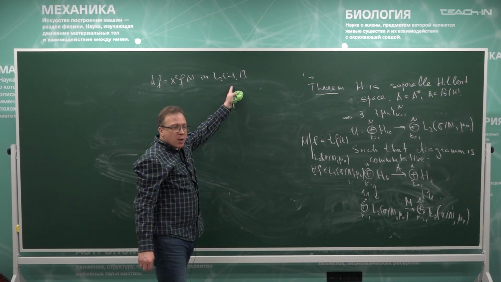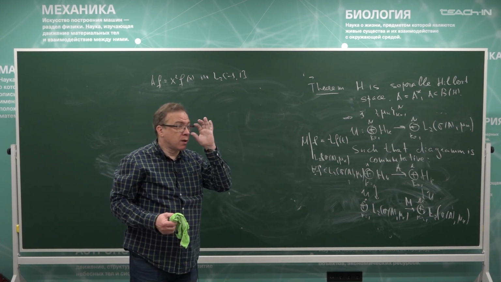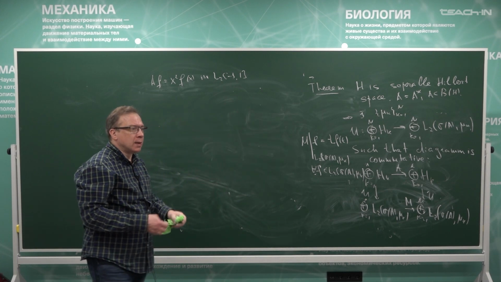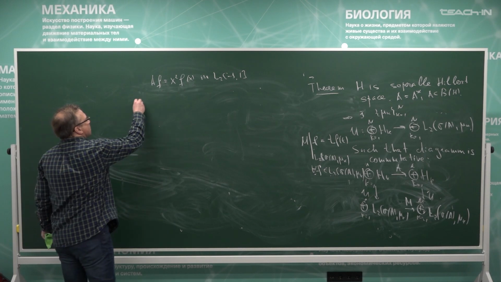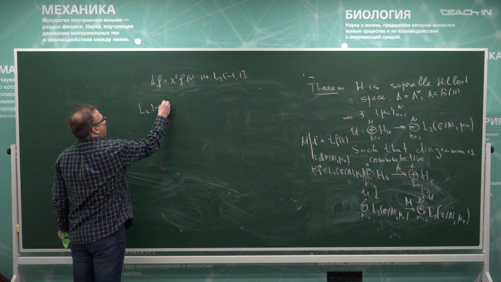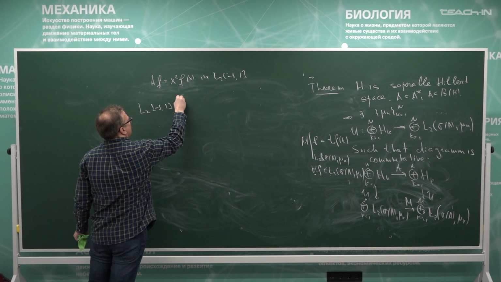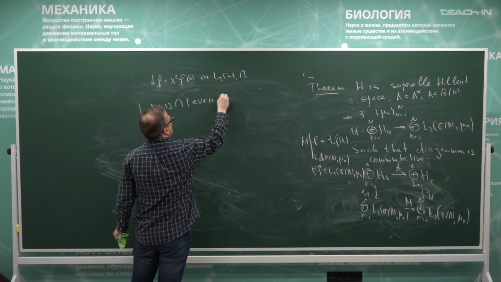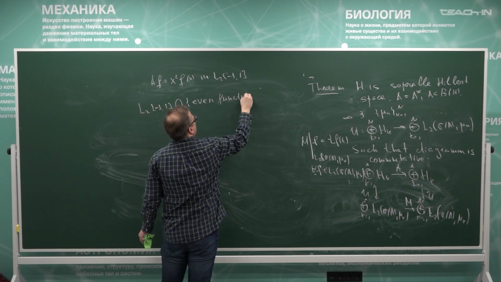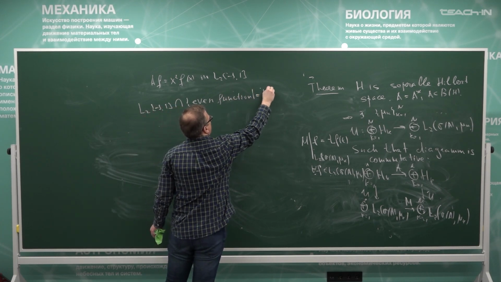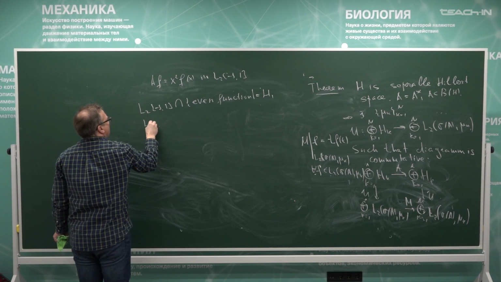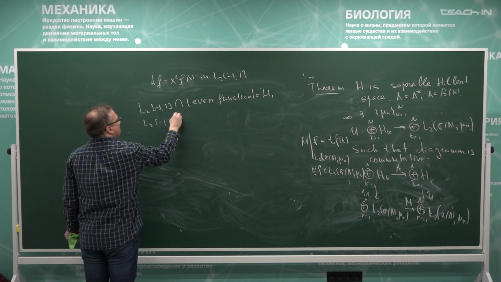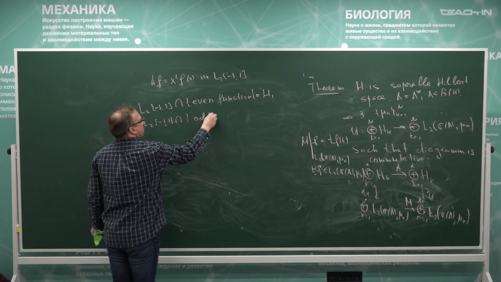We know that in this space it has no cyclic vector. But what can we do? We can consider L2 on [-1, 1] intersected with even functions. It's H1. And for example, L2 on [-1, 1] of odd functions.